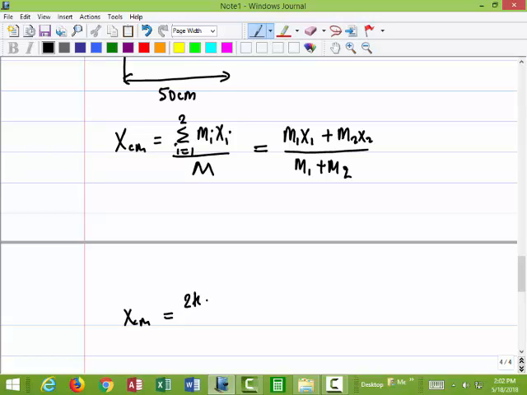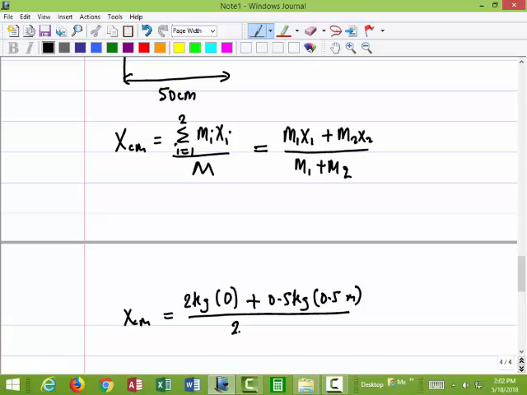This is 2 kilograms multiplied by 0, since it's at the reference point, plus 0.5 kilograms multiplied by 0.5 meters, since it's 50 centimeters.